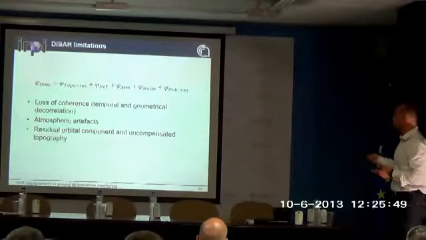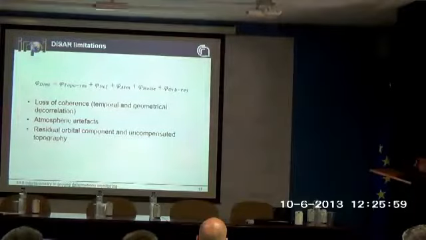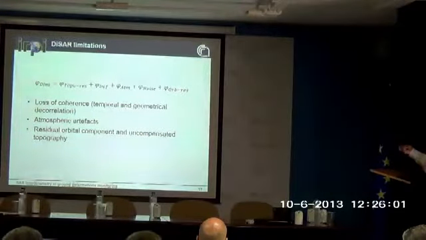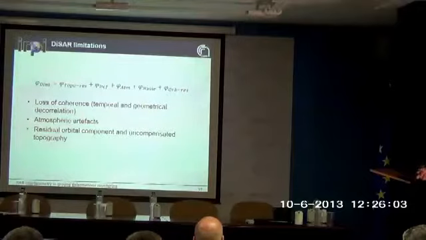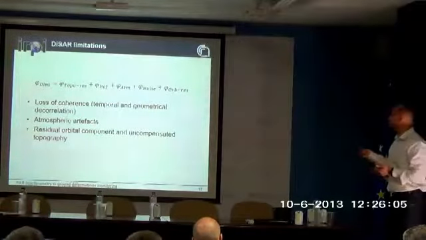We will have deformation, we will have atmosphere, we will have noise, we will have problems knowing the exact position of the satellite. So what we want is to get rid of these other parameters, for example, noise.